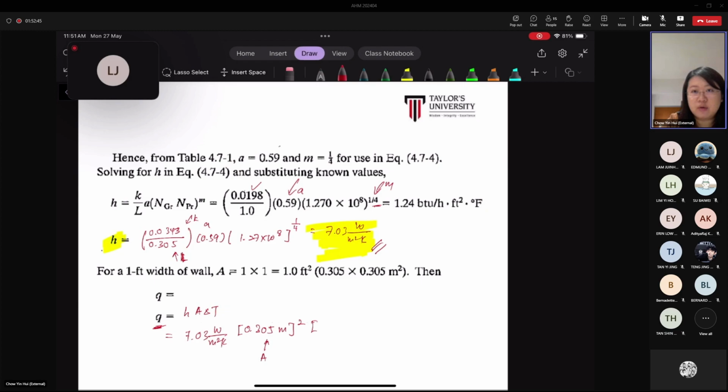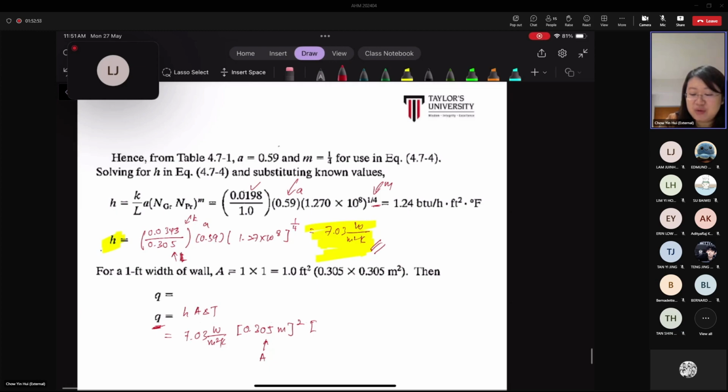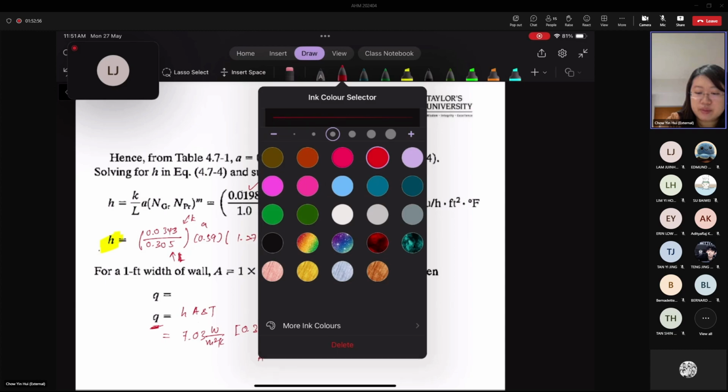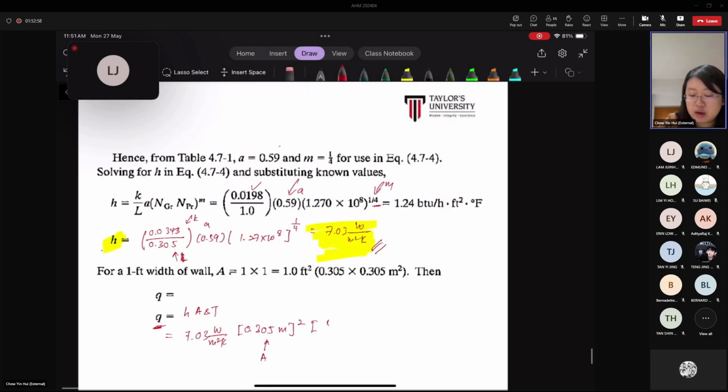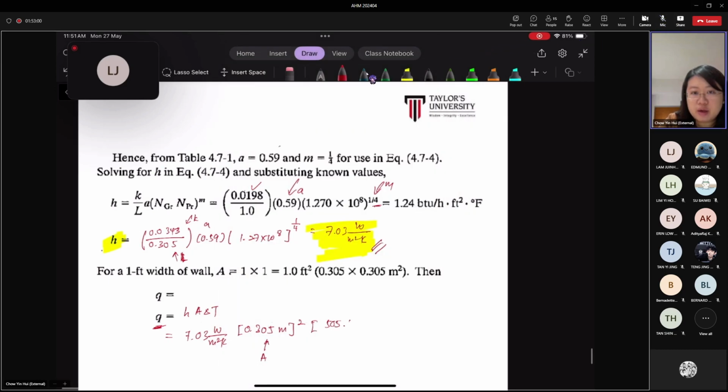And then for the temperature difference, let me check what is the temperature difference. I've forgotten. 505.4 minus 311 Kelvin. So if we solve this, the rate of heat transfer is equal to 127.1 watts.